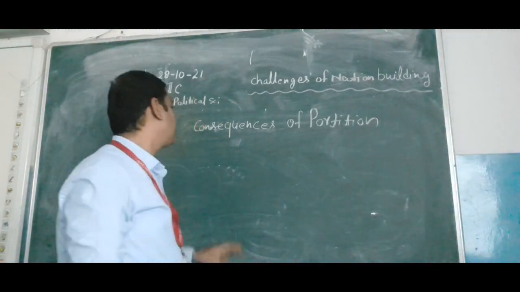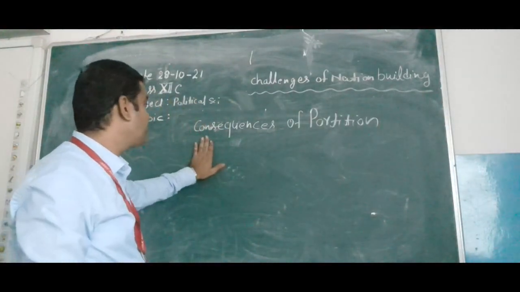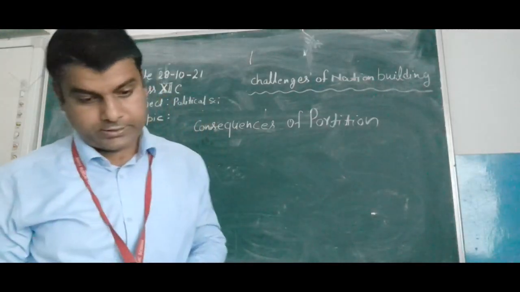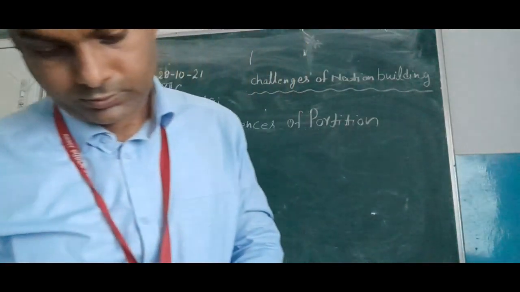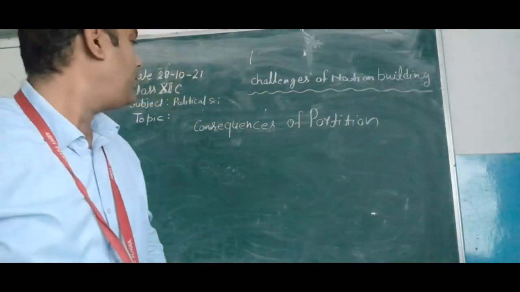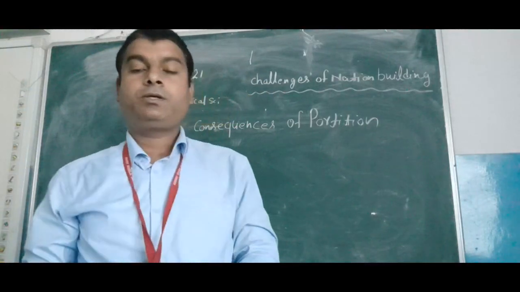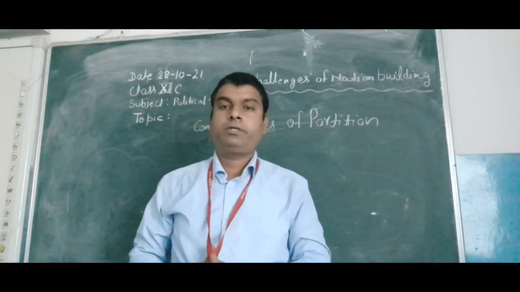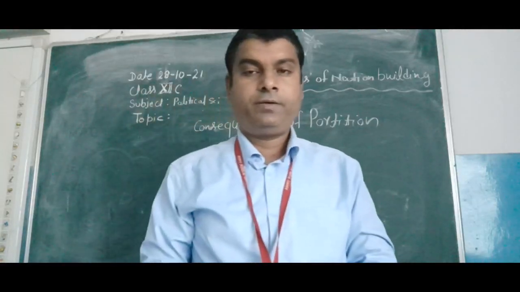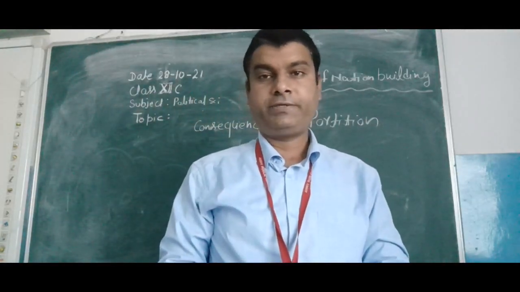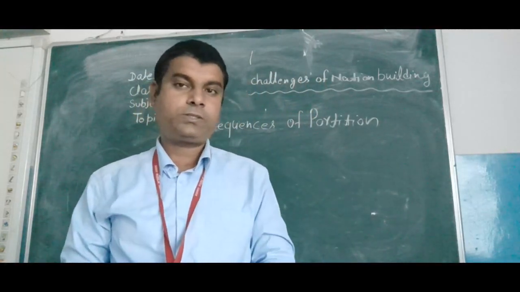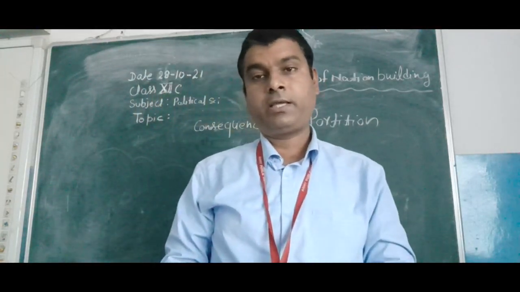The next topic is the consequences of partition. India got independence on 15 August 1947. And after this, the two countries, India and Pakistan, came into existence.